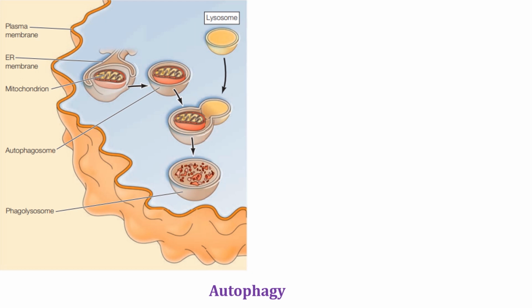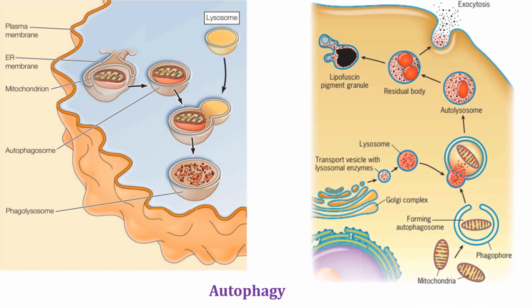In the first step of autophagy, a small area of the cytoplasm or cytoplasmic organelles, for example the mitochondria, is sequestered. Both images show the autophagy process. Here you can see a single mitochondrion.